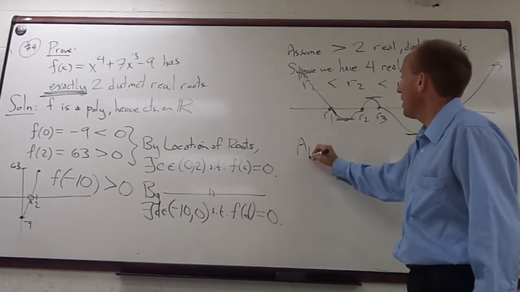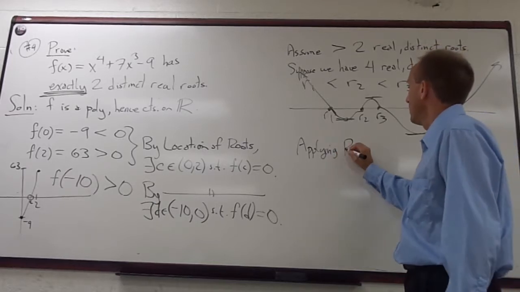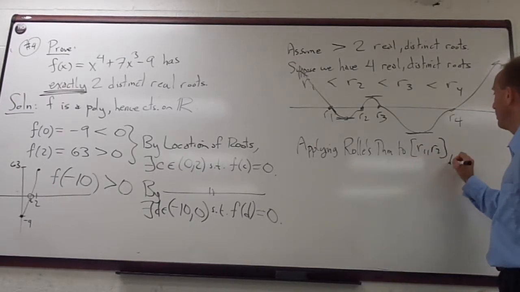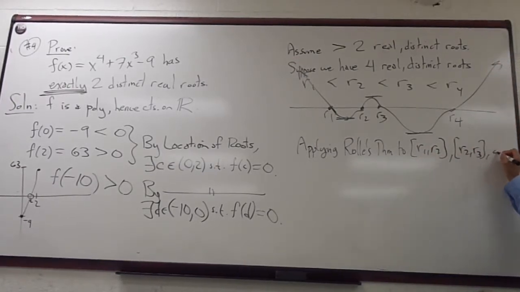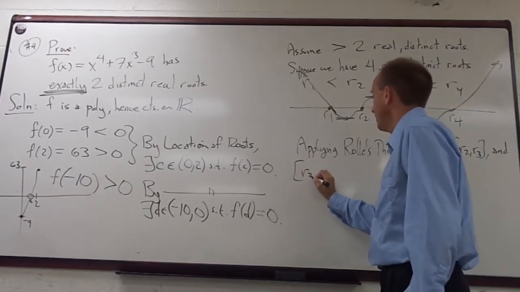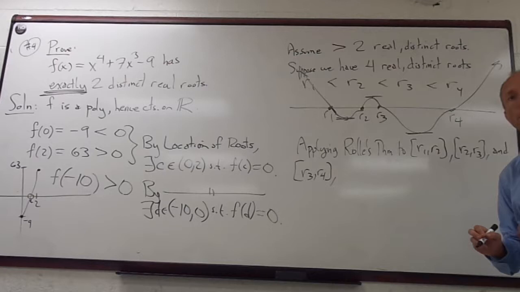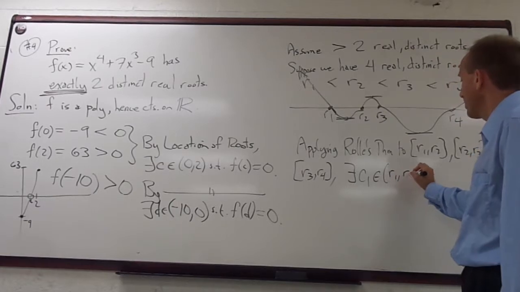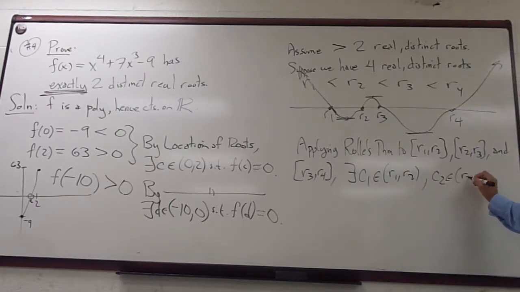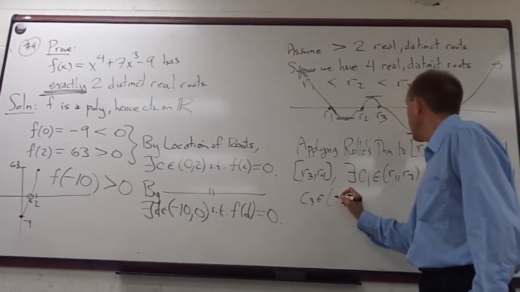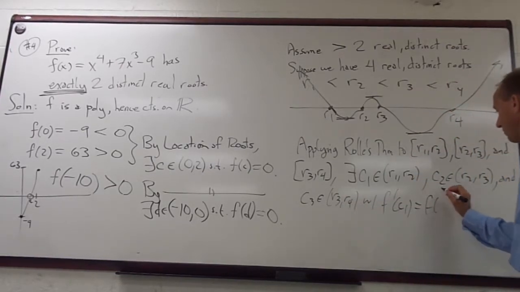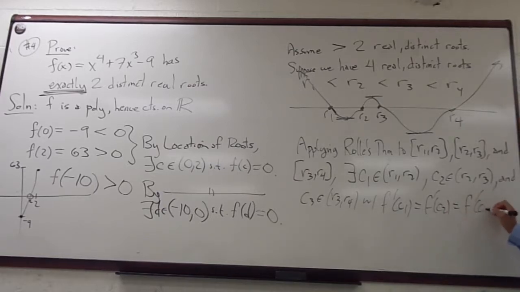So I'm just going to say, applying Rolle's theorem to the intervals R1, R2, R2, R3, and R3, R4, there exists a C1 in the open interval R1, R2, a C2 in the open interval R2, R3, and a C3 in the open interval R3, R4 with f prime of C1 equal to f prime of C2 equal to f prime of C3 equal to 0.